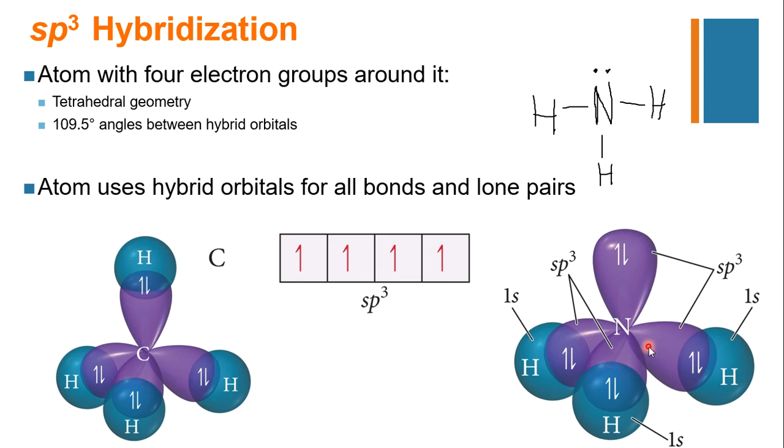The difference here is that nitrogen only makes 3 bonds. So here's overlapped with hydrogen 1, overlapped with hydrogen 2, overlapped with hydrogen 3. So those are those 3 hydrogen bonds. And the last hybrid orbital is housing that lone pair of electrons, okay? So even though it hybridizes, it doesn't necessarily have to make a bond. It can just simply house lone pairs.